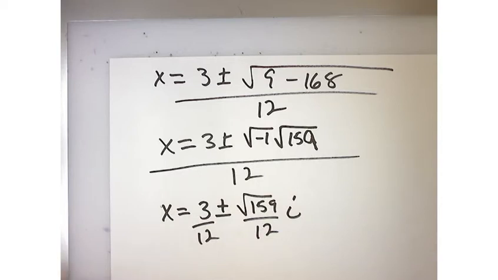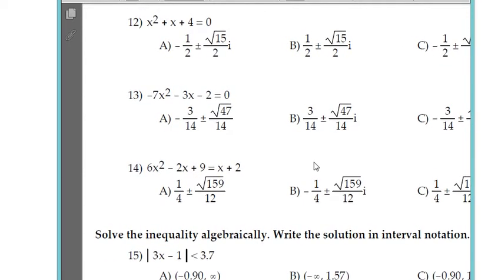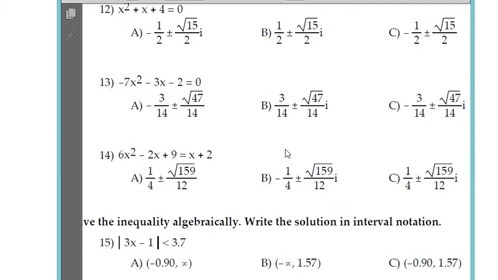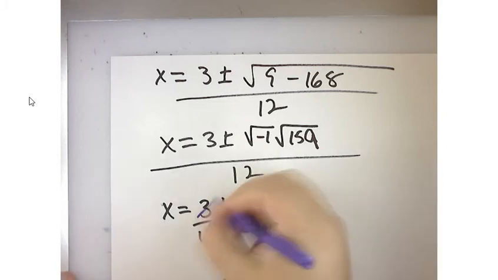Isn't that it? Let's see. Which one is that? That is C, isn't it? Right? Because the 3 over 12 will reduce to 1 over 4, won't it? Because if I divide this by 3, I get 1.